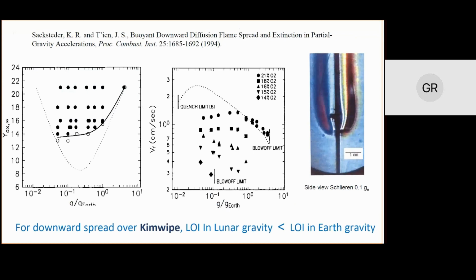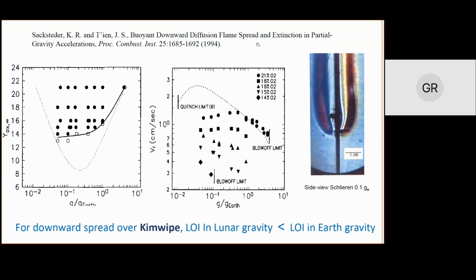Okay, so here is Kurt Sacksteder's work. On the right, you see a color schlieren picture of the side view of the flame at 0.1 G. You can see the flame is significantly thicker, and the standoff distance is larger.